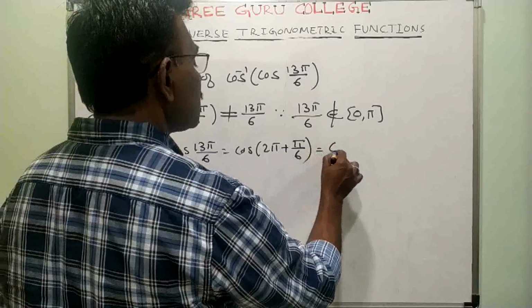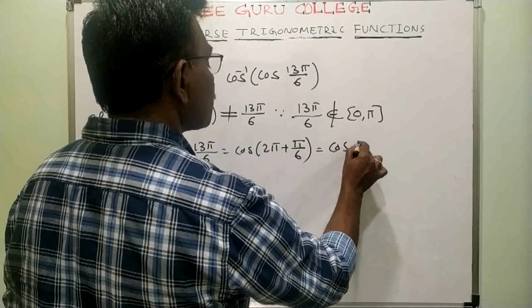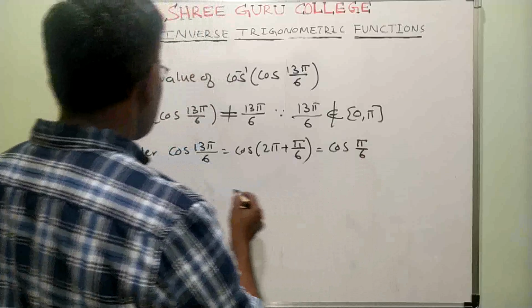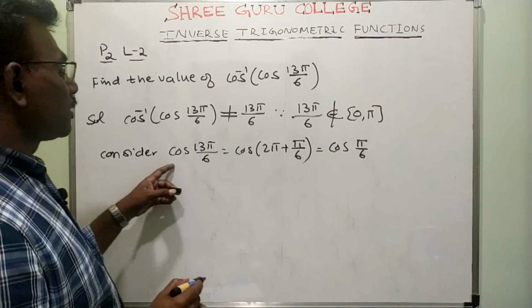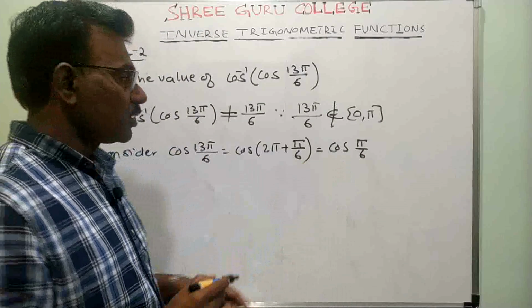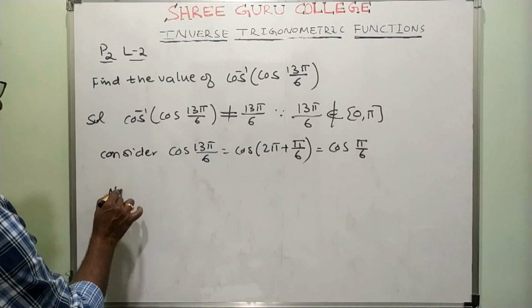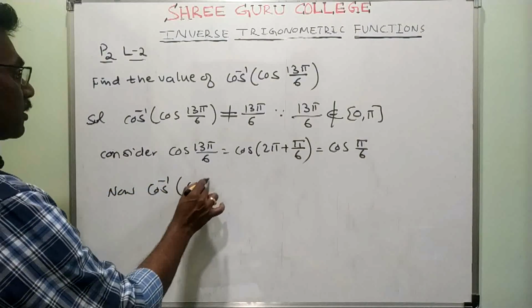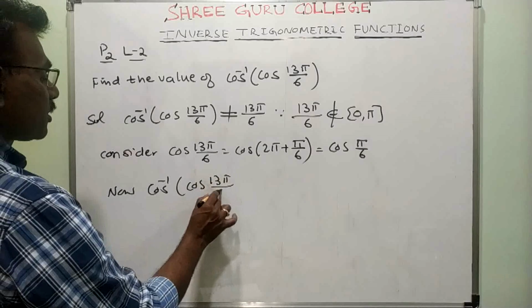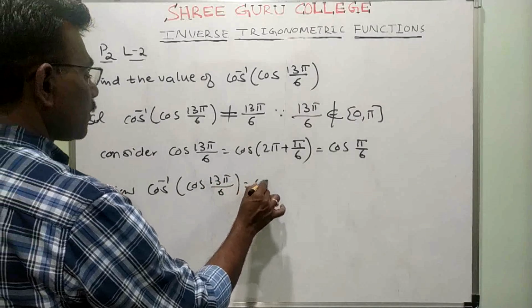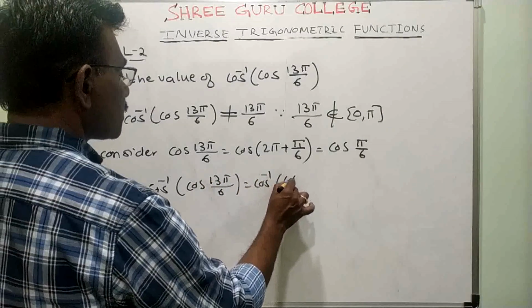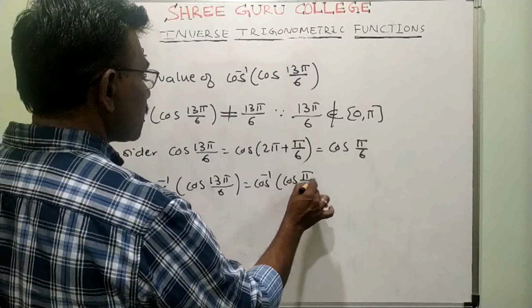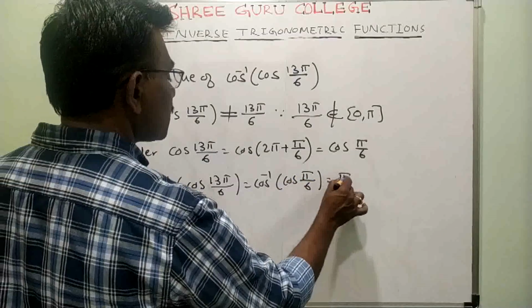Cos of 360 degree plus pi by 6, so the cos of 13 pi by 6 is cos of pi by 6. Now substituting, cos inverse of cos 13 pi by 6 equal to cos inverse of cos pi by 6. So your answer is pi by 6, 30 degree.